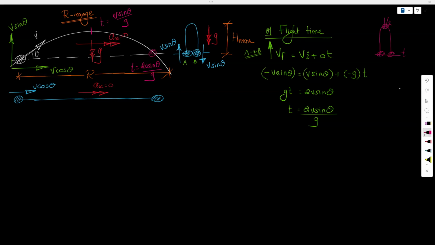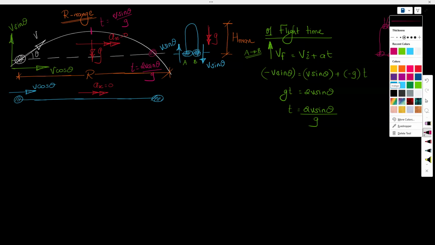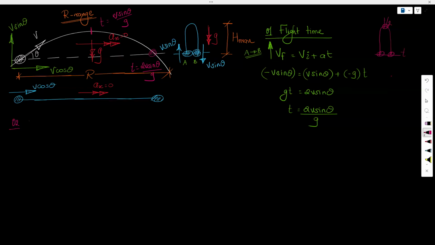The second thing that I can find out is the maximum height. How can we find that out? We can use the vertical projection again, and we are looking at the maximum height, which is here, right? At this height, we know that the velocity is going to be 0, which is final.